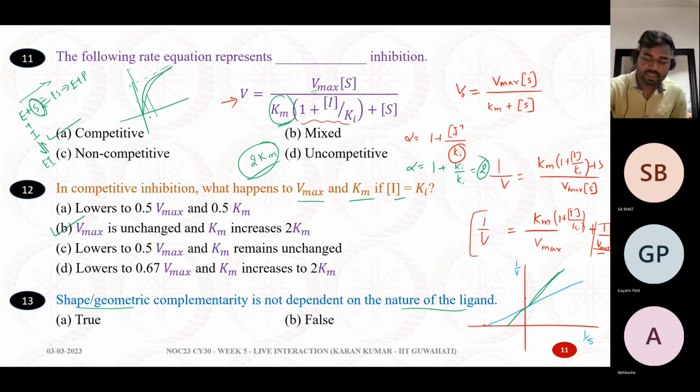It's false, because enzymes also follow what kind of binding? Induced fit binding. Induced fit binding says that the nature of the ligand will determine the shape and geometry of the macromolecule. So this is a false statement.